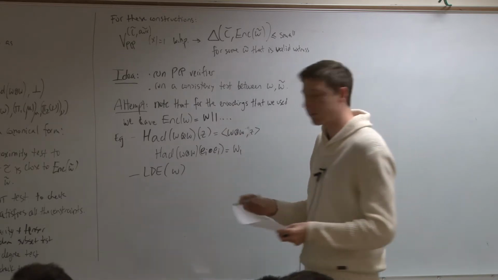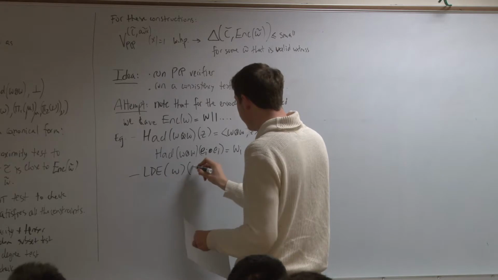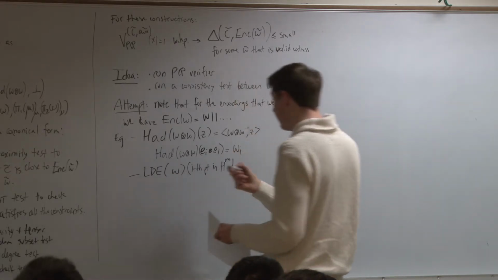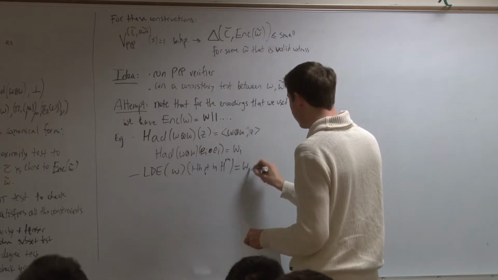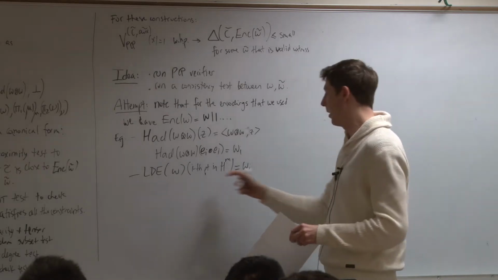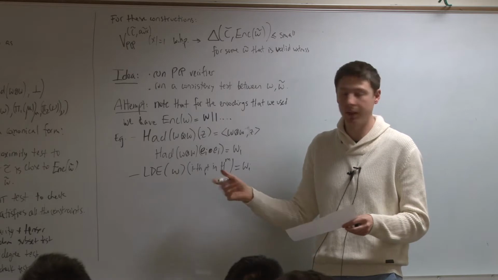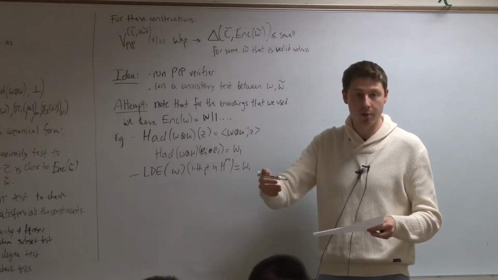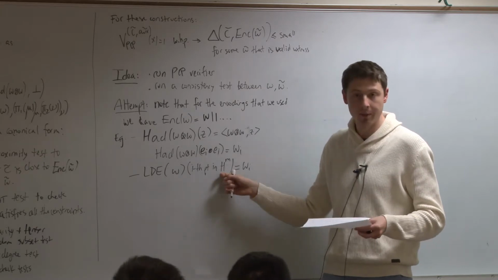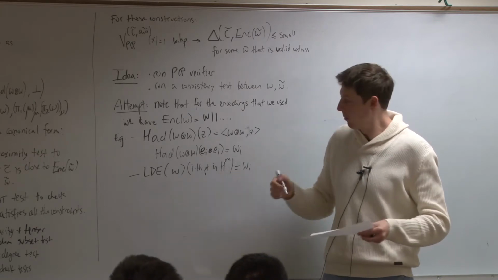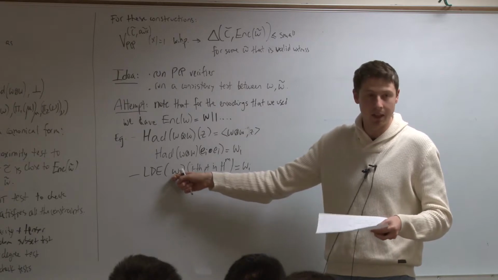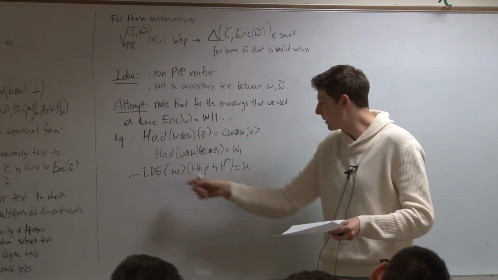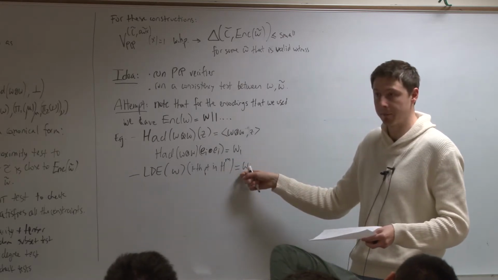So if I just look at the ith point in H to the m, the hypercube, then what you will find is Wi. I'm not going to write this precisely, but you have to agree on some canonical embedding of 1 through n into H to the m. The ith location in W would be mapped to a specific point in here. So if you have a valid low-degree extension, you look at that point, you should find Wi.